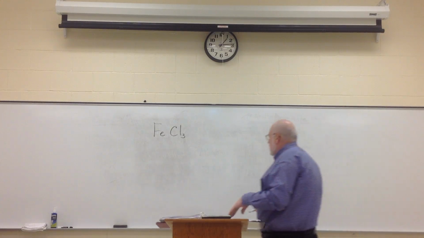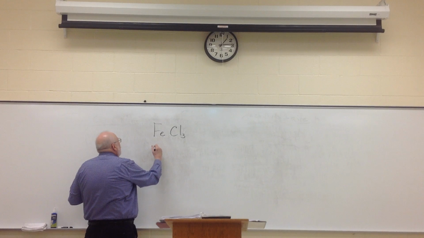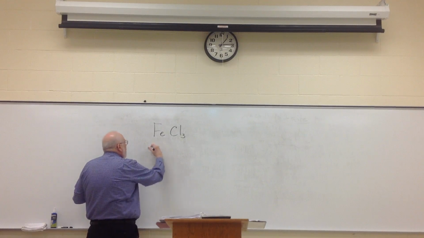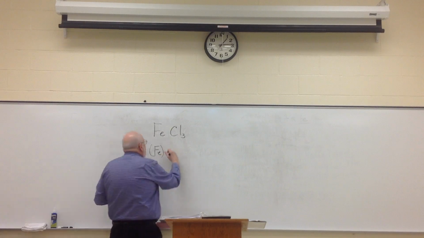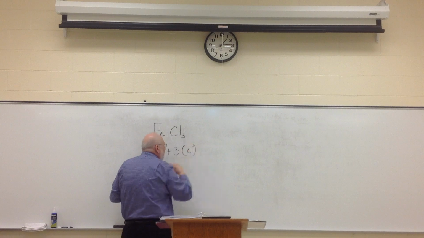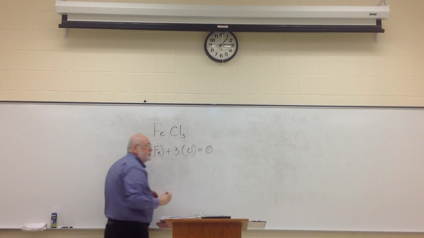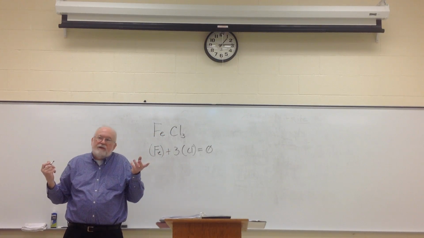All right, very easy, because here's the thing we know. We know that whatever the charge on that iron is, plus 3 times whatever the charge on the chloride is, and we know it's -1. What's that got to equal? It's got to sum up to 0.